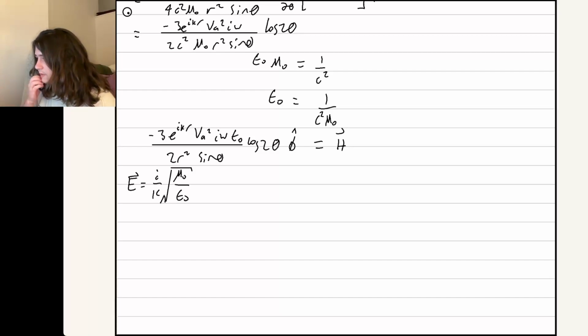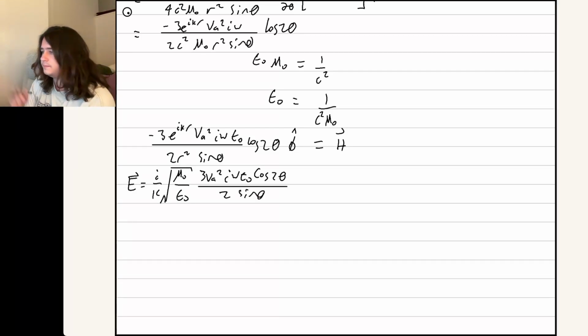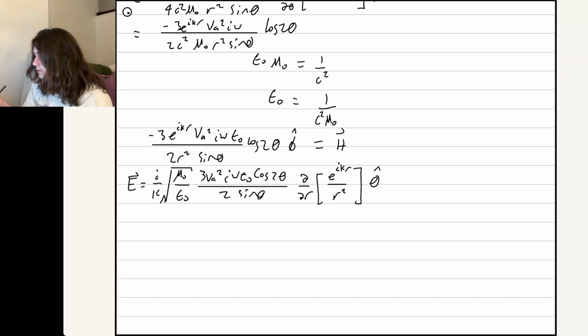We have all of our constants, which is going to be 3va squared i omega epsilon naught cosine 2 theta over 2 sine theta. I'm pulling out all the theta terms because our magnetic field was pointing in the phi hat direction, so the only thing that we are taking the derivative of is with respect to r of the r-dependent stuff, and then the result is going to be pointing in the theta hat direction.